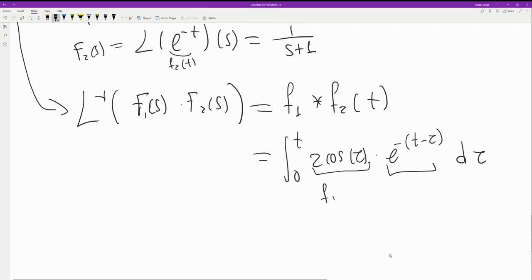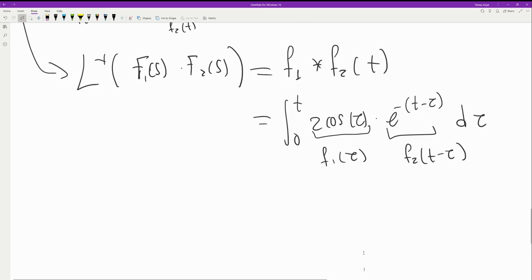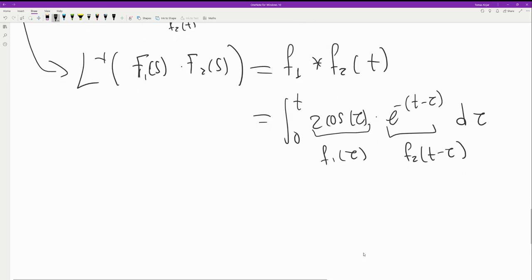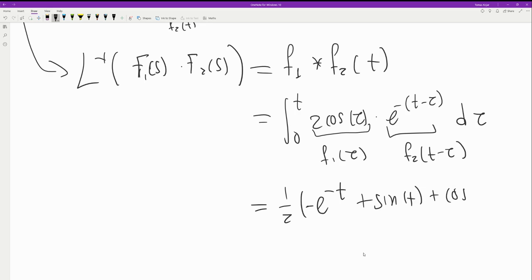So this is f1(tau), and this is f2(t minus tau). All right, and I did the integration for you, and this is 1/2 e to the minus t plus sine t plus cosine t.